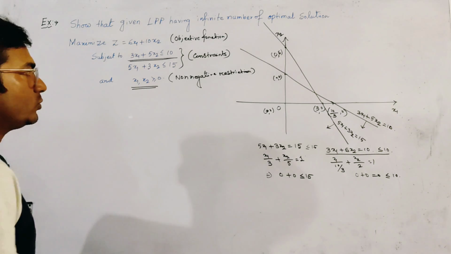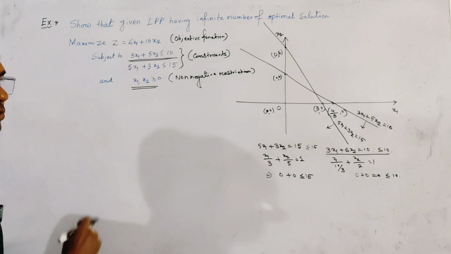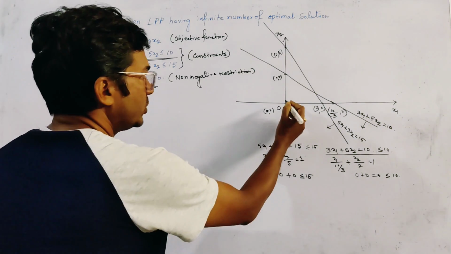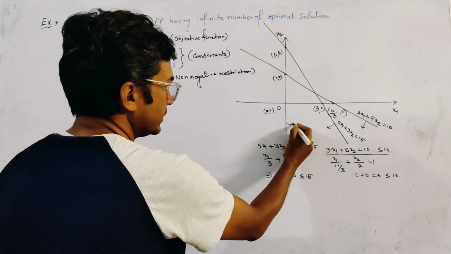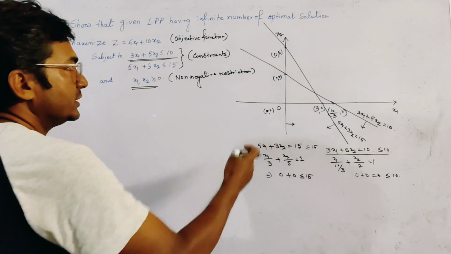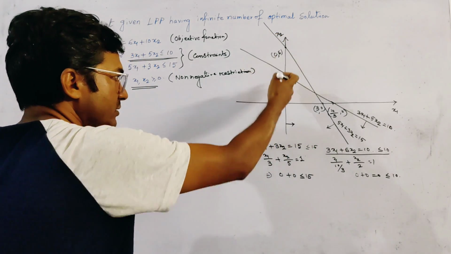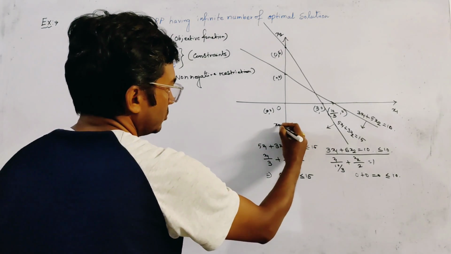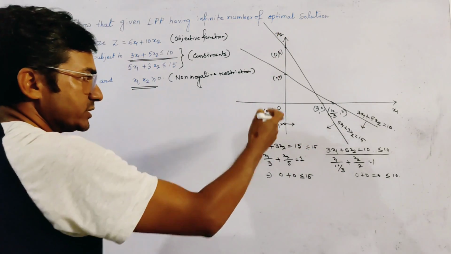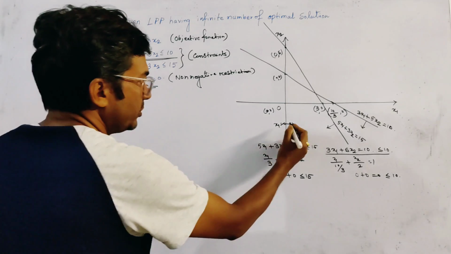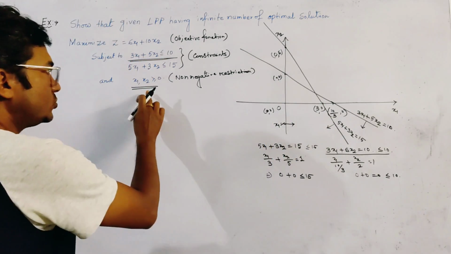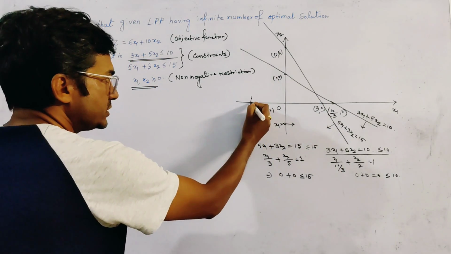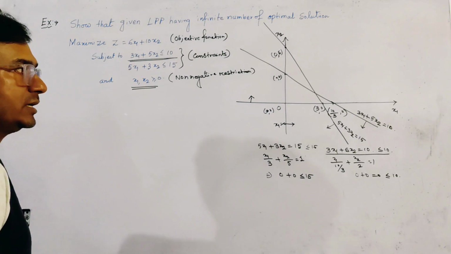And we know x1 greater than or equal to 0: the line x1 equal to 0 is the x2 axis, so x1 greater than or equal to 0 means this position, and x2 greater than or equal to 0 gives this region.